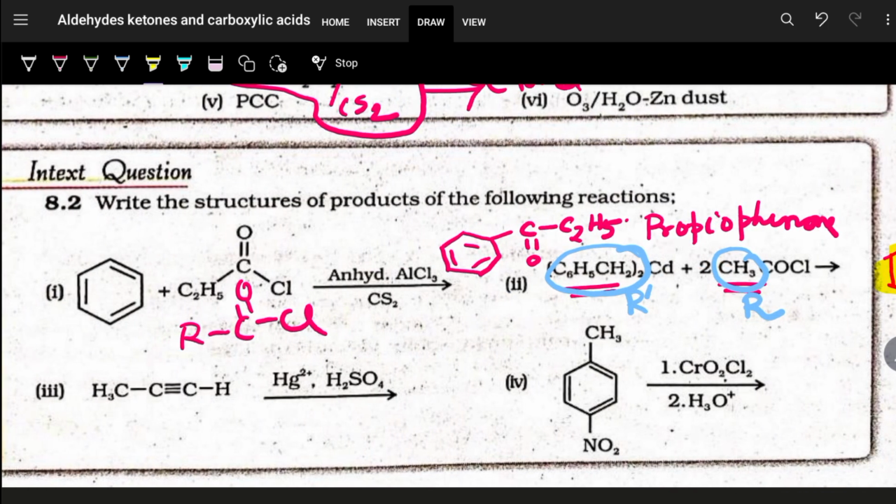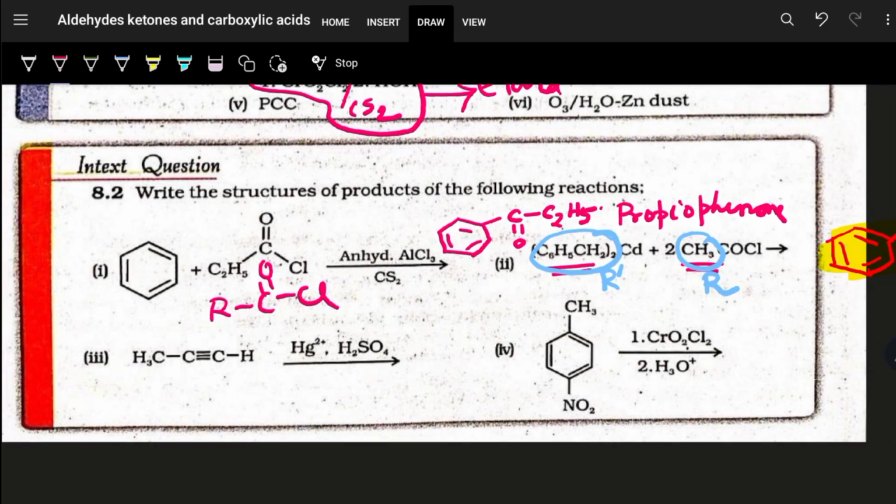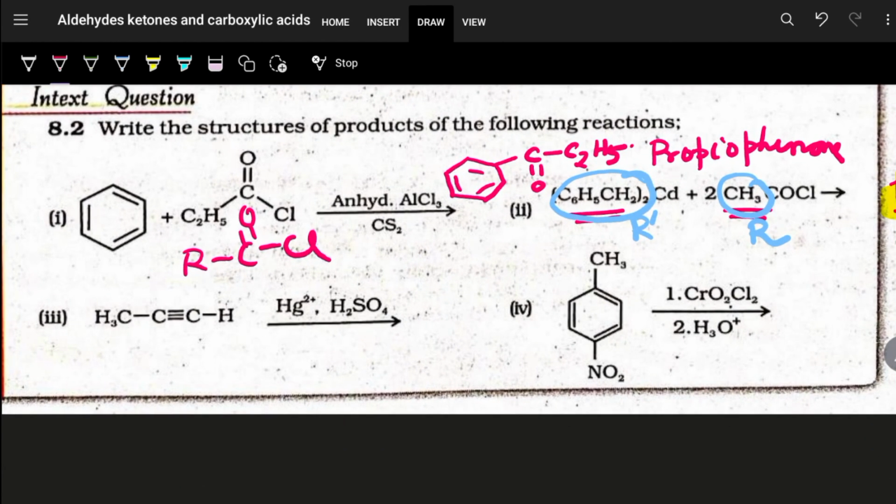Next is here hydration we can see. Hg2 plus H2SO4 actually means hydration. Whether you write H2O or not, it means hydration only. And it means HgSO4, H2SO4. So try to recall what I said. This particular example only I showed you.